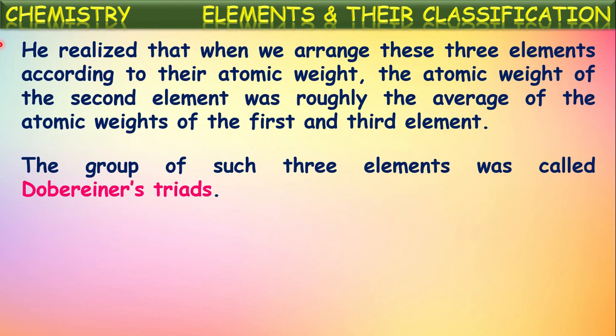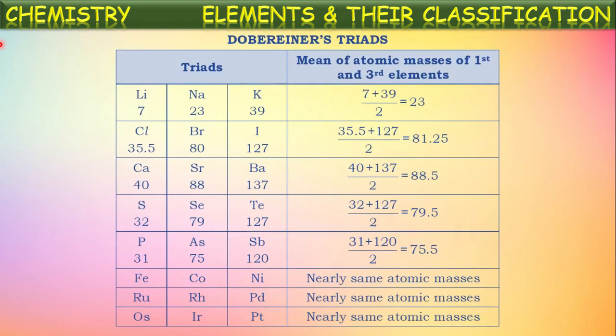The group of such three elements was called Dobereiner's triad. See here some examples of Dobereiner's triads. One of the triads is lithium, sodium, potassium. Dobereiner observed these three elements have similar properties. He arranged them in increasing order of their atomic weights, and it is observed that the atomic weight of the middle element, sodium, is equal to the arithmetic mean of the atomic weights of the first and third elements.